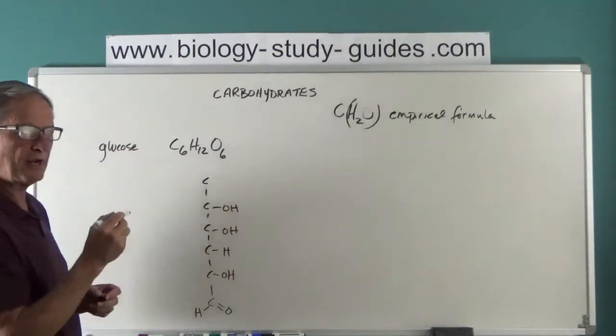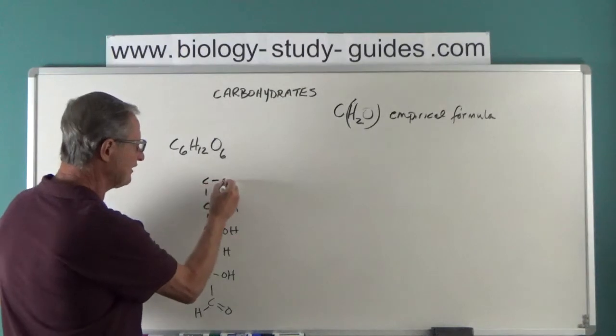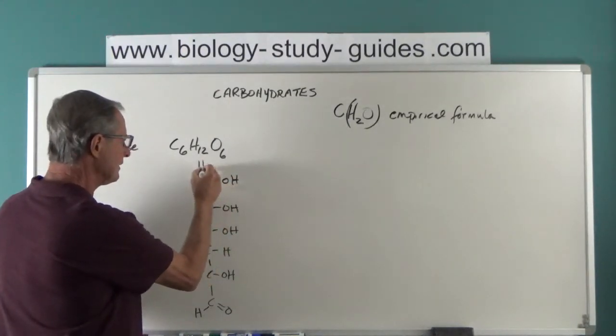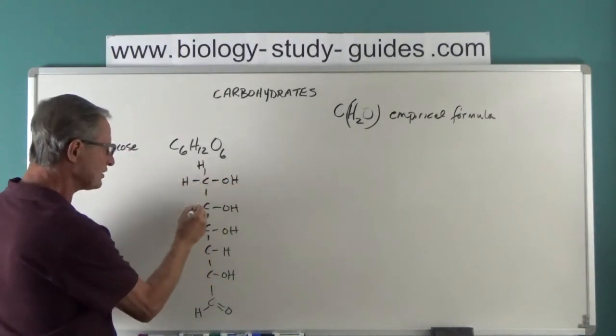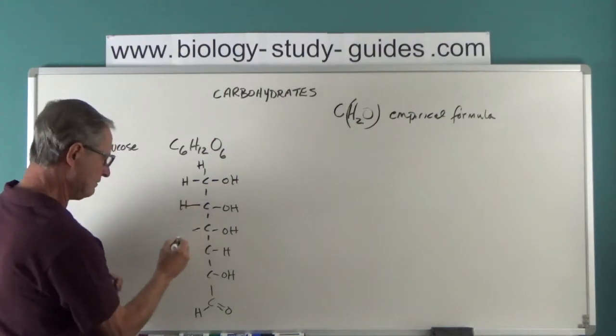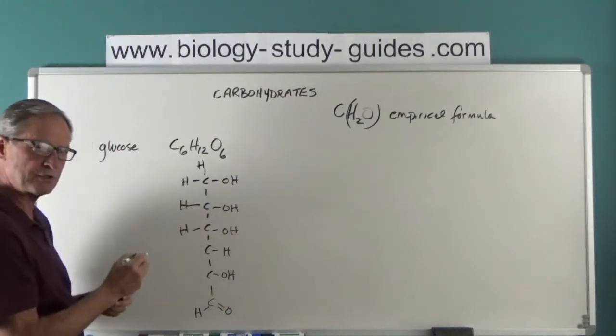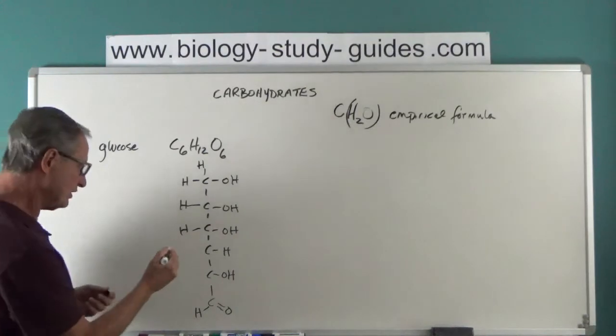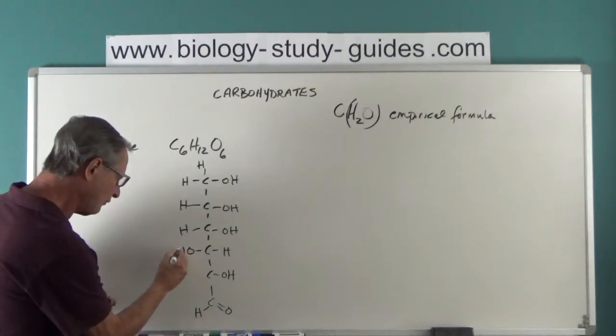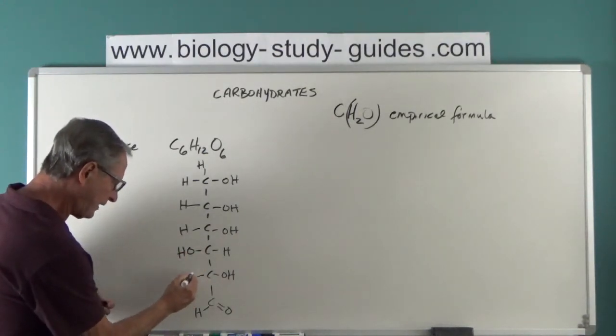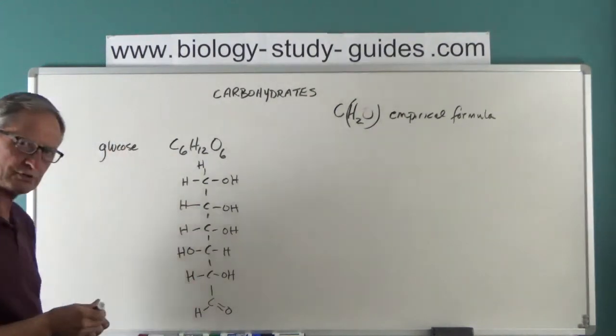In the previous video, I covered that carbon has 4 bonds, hydrogen has 1 bond, and oxygen has 2 bonds. And if you go through what I'm just drawing here and pick all those pieces out, you'll see it works.